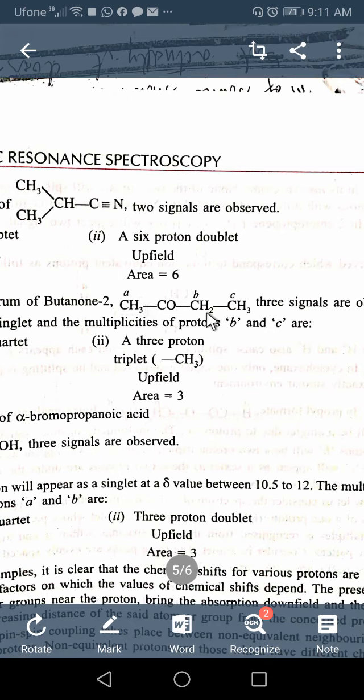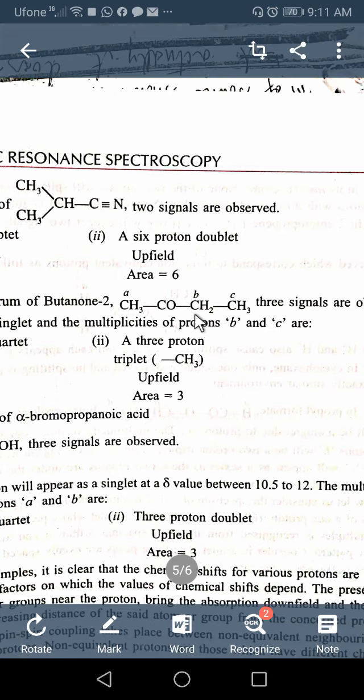Now we consider B protons. B protons have 3 protons on the adjacent carbon atom. So n is equal to 3, and the resonance of the CH2 proton or B proton will be split into a quartet peak. Now we see the splitting pattern of the CH3 protons.